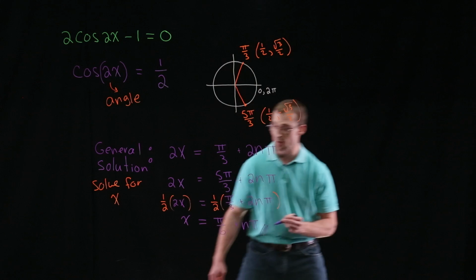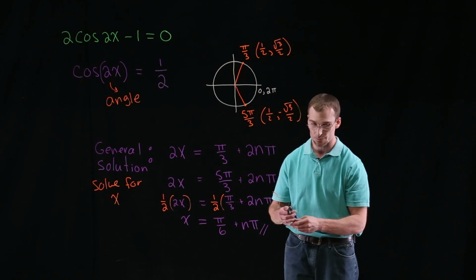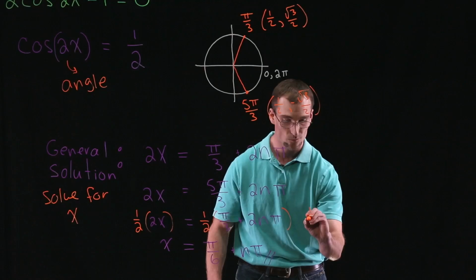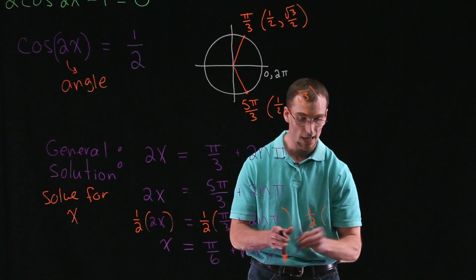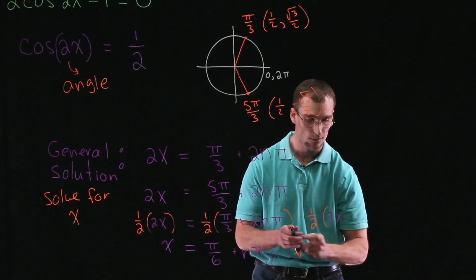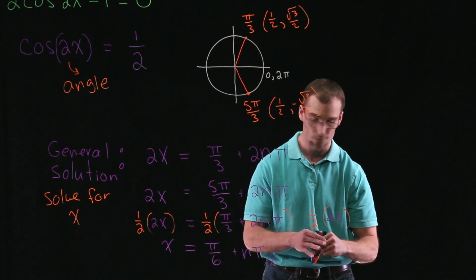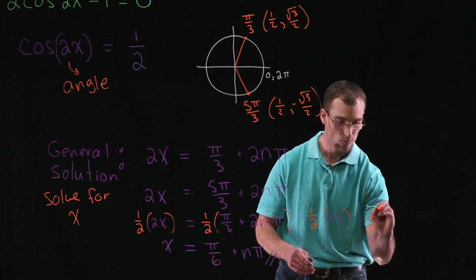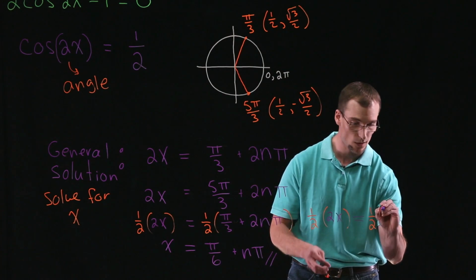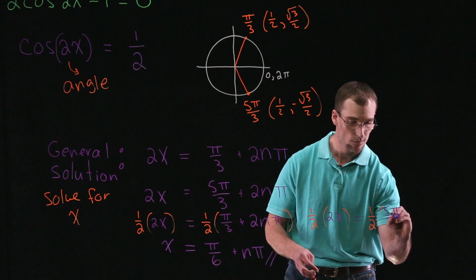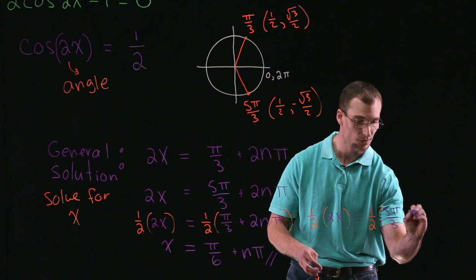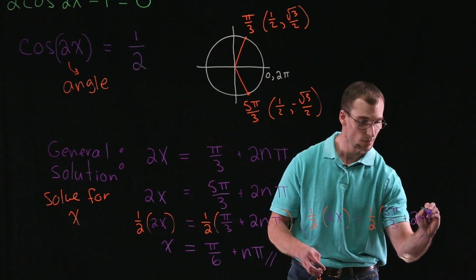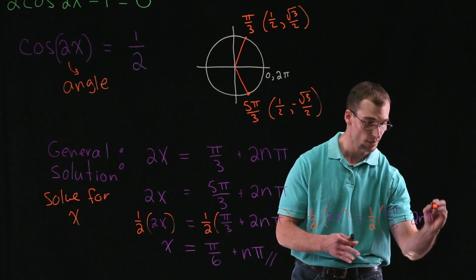And doing the same thing with our second solution, 1/2 times 2x equals 1/2 times our 5 pi over 3 plus 2n pi.